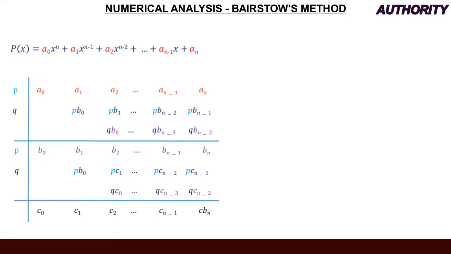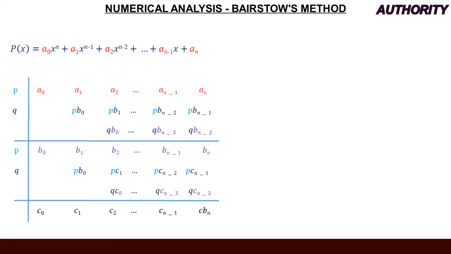You continue like this until you get Cn, which is the sum of Bn plus Pcn minus 1 plus Qcn minus 2. And then Cn minus 1 is the sum of Bn minus 1 plus Pcn minus 2 plus Qcn minus 3. Are we together? Yes.